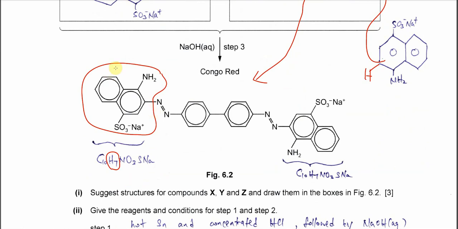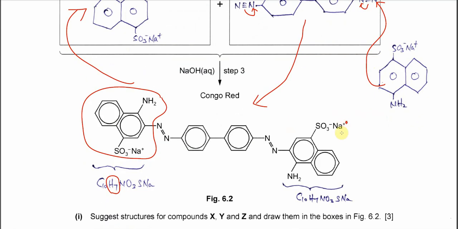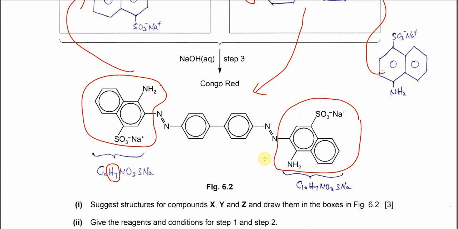So we are quite sure this part is from Y. We just need to draw the structure of Y based on this, something like this, and we can get the full structure. Another Y, of course, here, this one will be used for bonding to form this. This structure is quite complicated, and I hope you know what is happening and how it reacts.